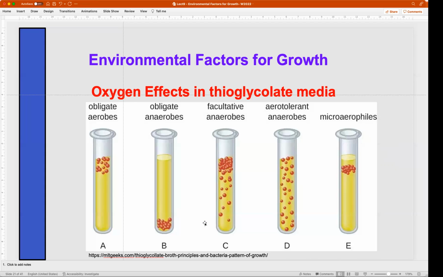Yogurt? I think that would be a facultative because it was throughout the milk. Yeast. Does it need oxygen? I'm trying to think. We stopper the carboys.